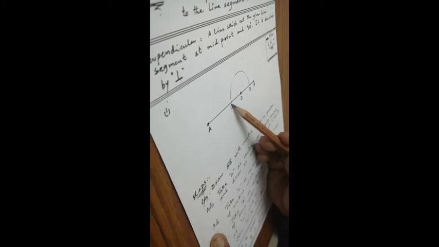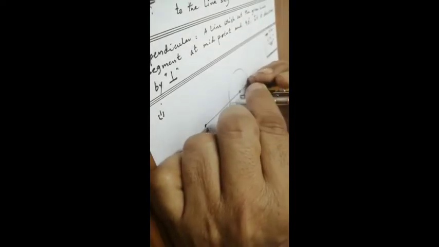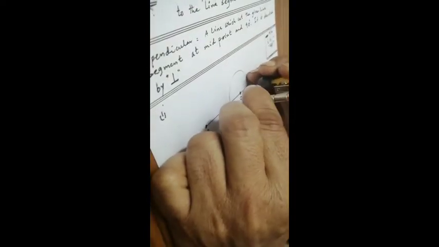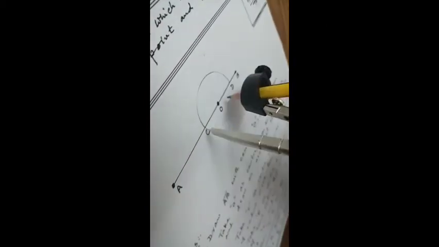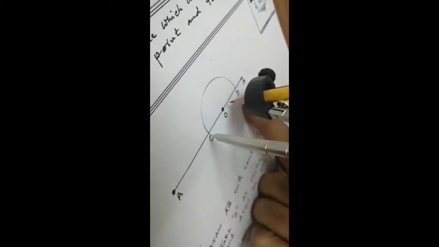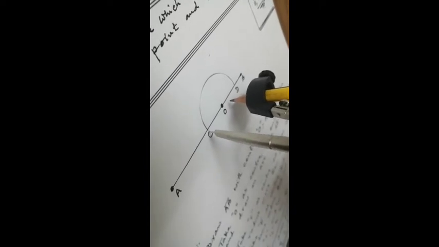Now dear student, take C as center and open the compass more than half of CD, more than CO but less than CD, as we have done in a previous question.